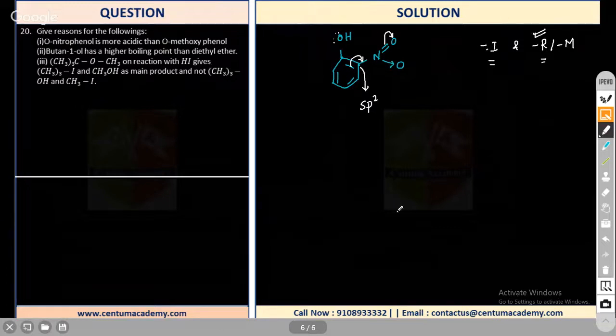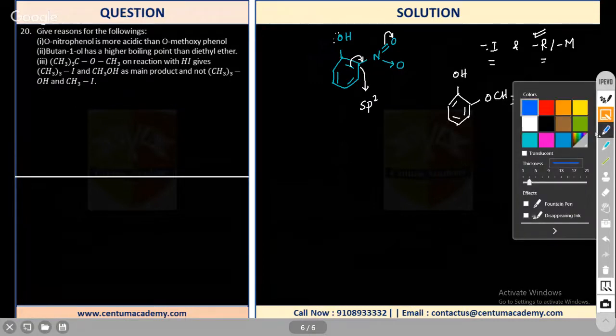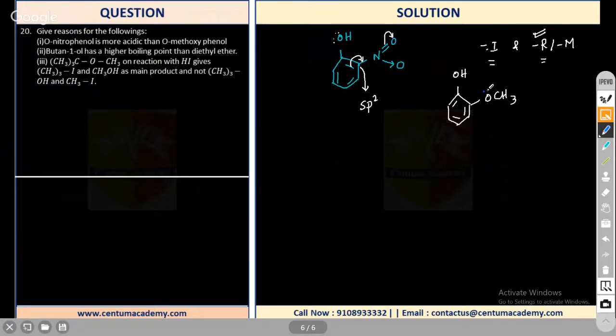And the other compound is what? Orthomethoxyphenol. Orthomethoxyphenol shows plus R effect. The reason is again the same. You see OCH3, orthomethoxyphenol. This shows plus R effect because of the lone pair present here, right? And because of this plus R effect, the electron density on this oxygen increases a bit, and hence the removal of H plus is difficult.